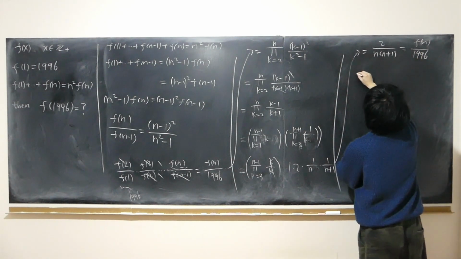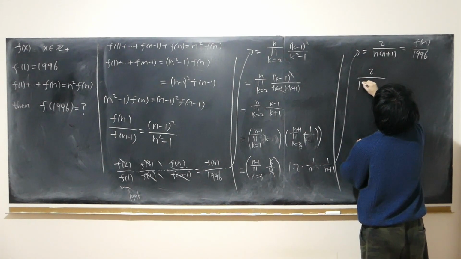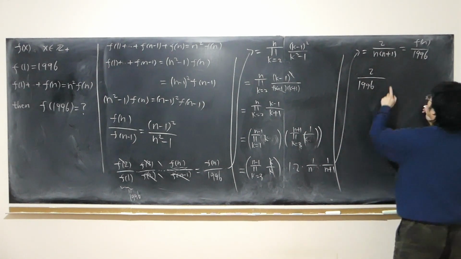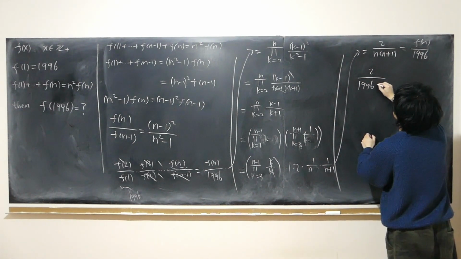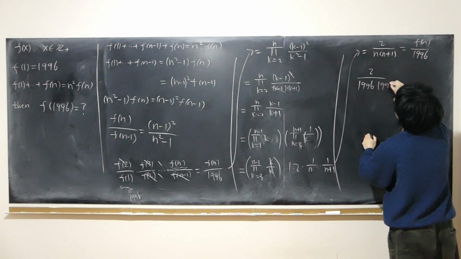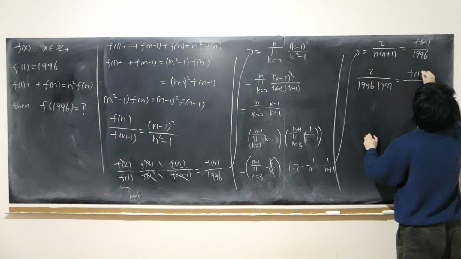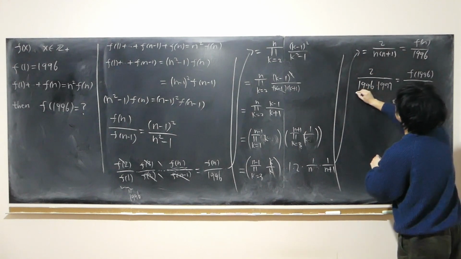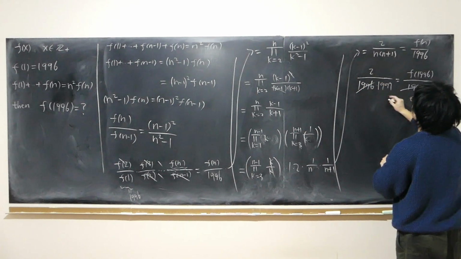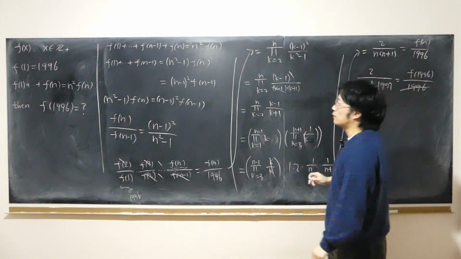Replacing n with 1996, we get 2 over 1996 times 1997 is equal to f of 1996 over 1996. So f of 1996 is 2 over 1997.